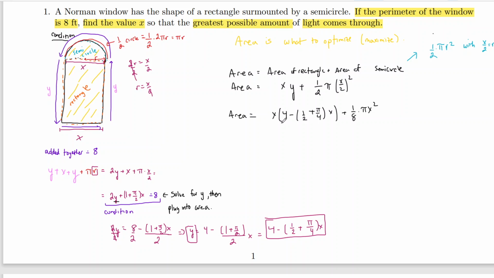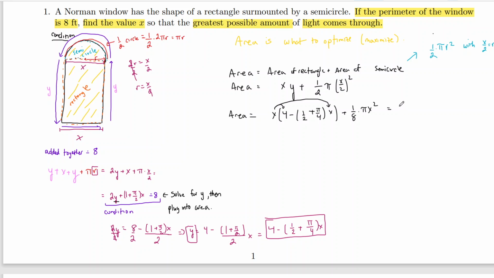Right. Well, as this stands, you can do the derivative because there's just x, but if you distribute this x through, distribute it to each part of the parentheses, then at least you won't have to use the product rule. You can just use regular power rules and everything like that.